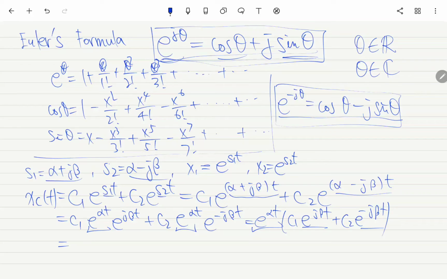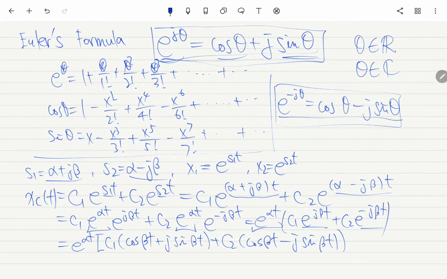Let's expand it like c1 (cosine of beta t plus j sine of beta t), and then plus c2 (cosine of beta t minus j sine of beta t).